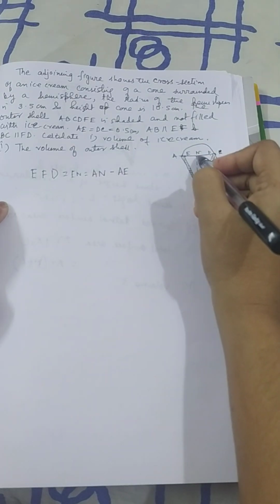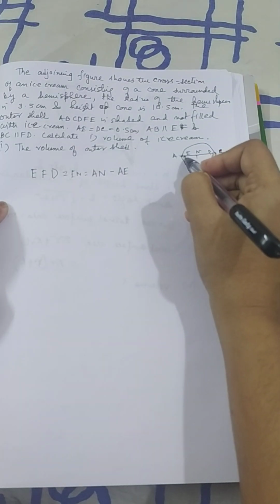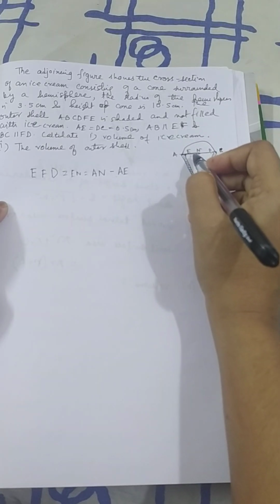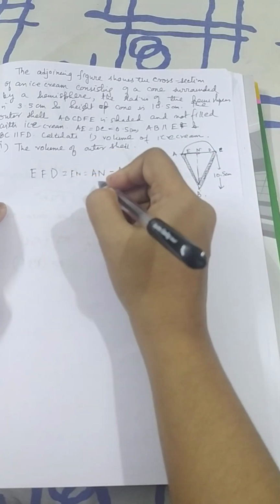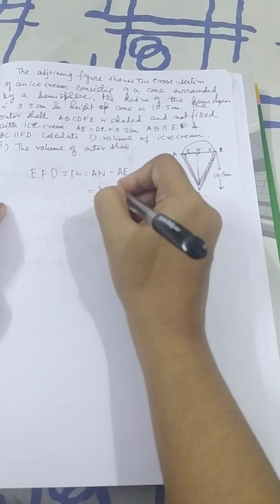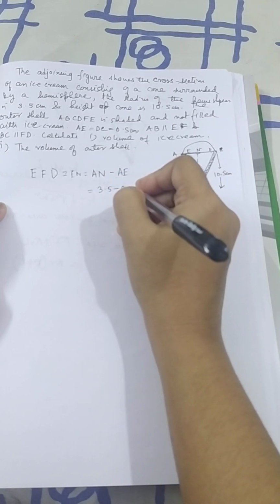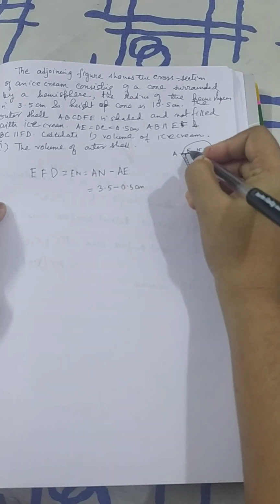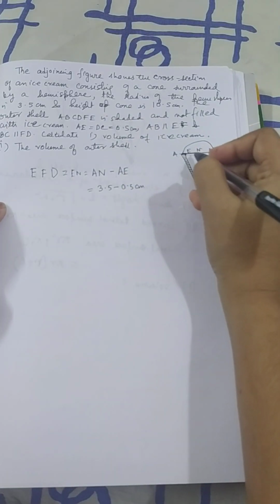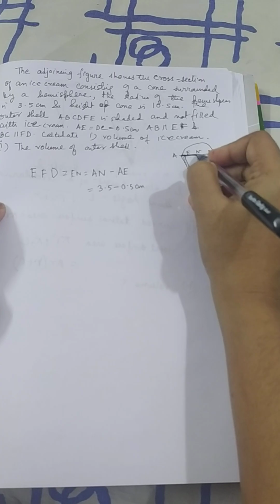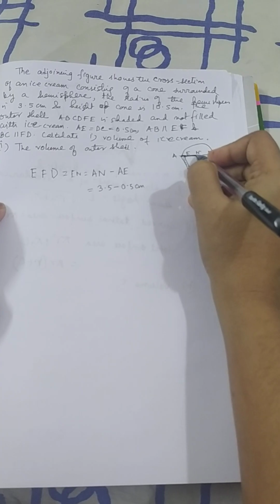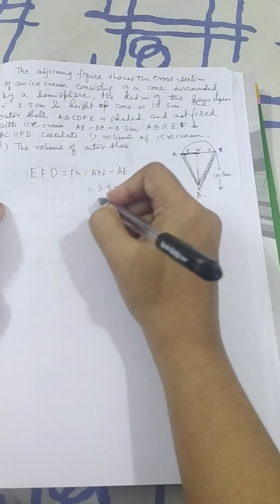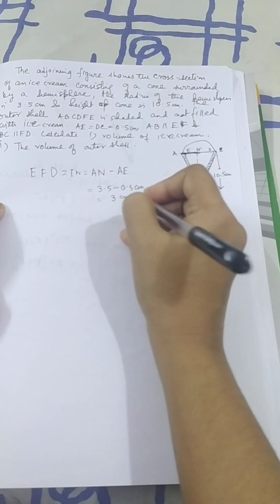AN is this part, AE is this part. So if we subtract it, we will get the hollow part, which is 3.5 minus 0.5 centimeter. Why 0.5? Because the thickness is given as 0.5. So the remaining part is this, right? As the radius is 3.5, we are just subtracting it. So we will get 3 centimeter.